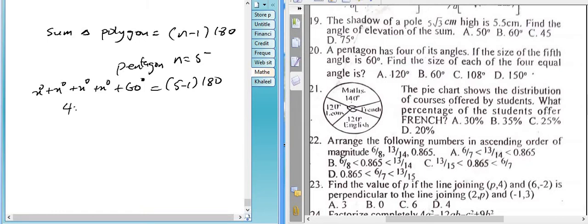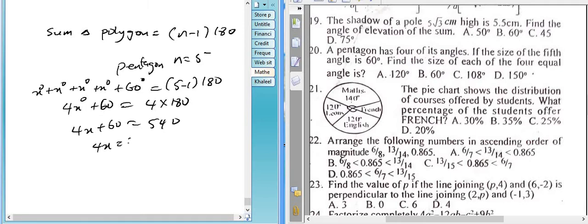If you sum it, it's going to give you 4x plus 60, which is equal to 4 times 180. So 4 times 180 is going to give you 720. Wait, 4 times 180 gives 720.